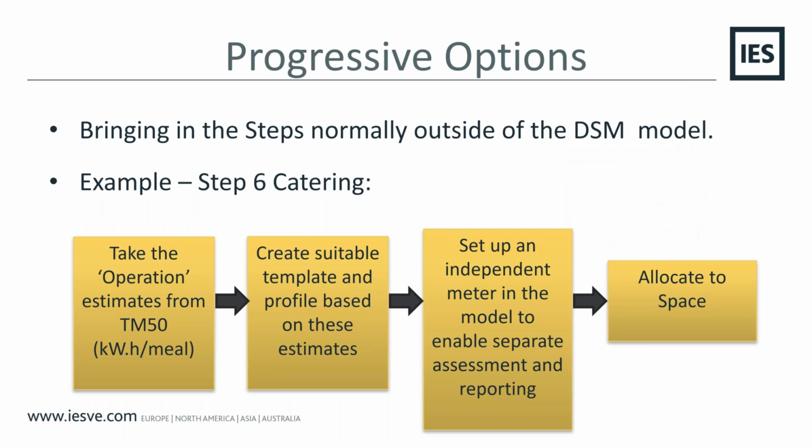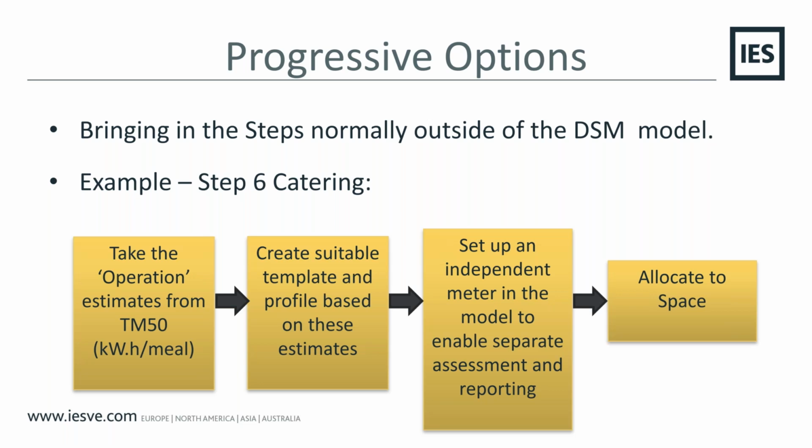Okay, taking a look at some examples. If we have a look at catering, TM50 provides tabular historic data on the environmental and operational likely consumptions per meal. We can deal with the environmental loads within the model in the usual way, leaving us now to sort out the operational loads.